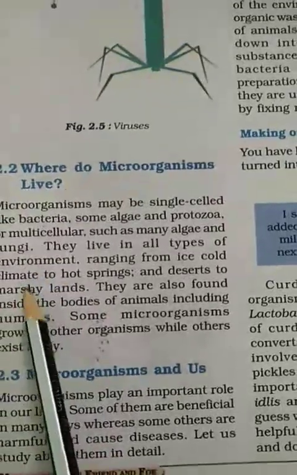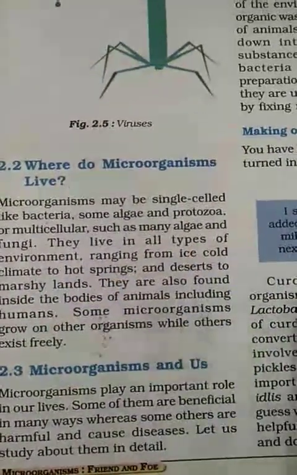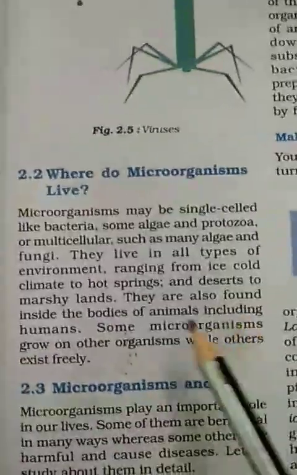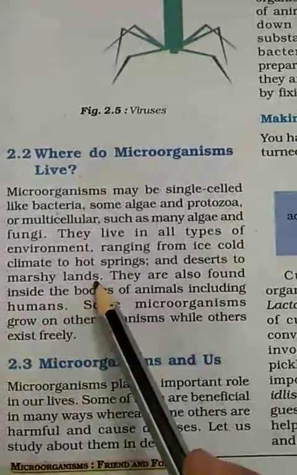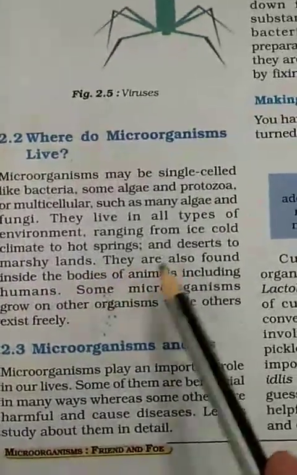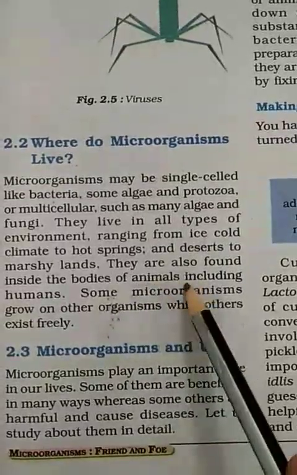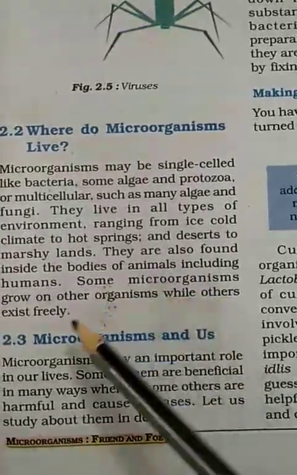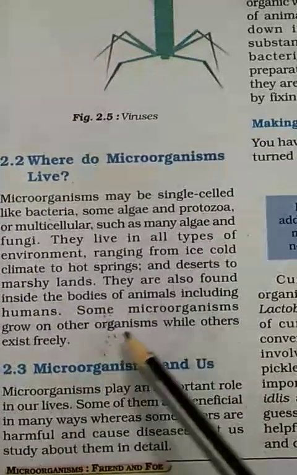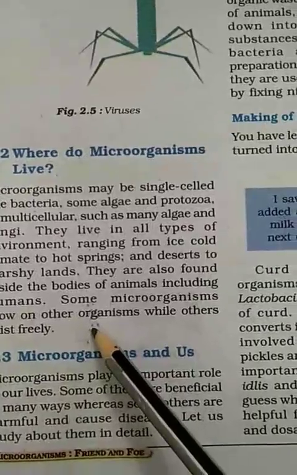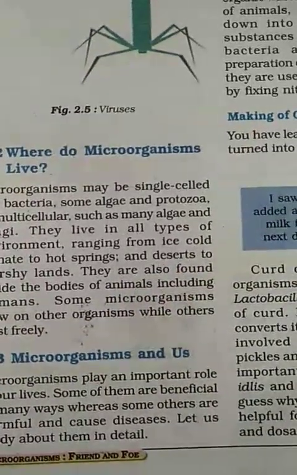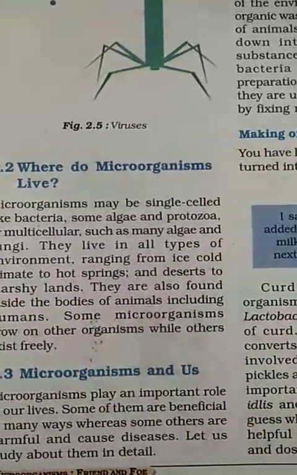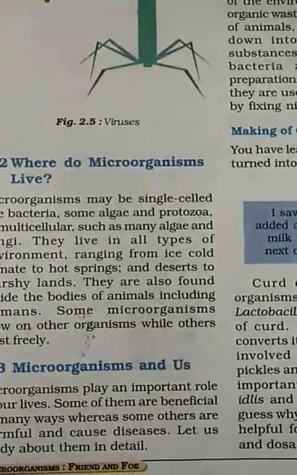Means anywhere on the earth these microorganisms are present, either hot or cold. In the deserts also the organisms can be found. They are also found inside the bodies of animals including humans, means us. Some microorganisms grow on other organisms while others exist freely. Some microorganisms need other organisms to grow and some can grow or exist freely.